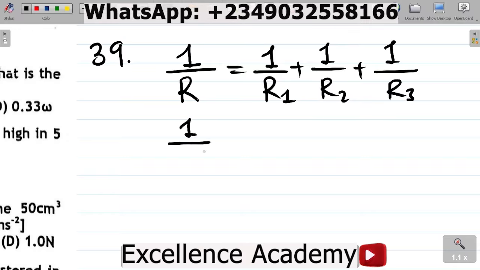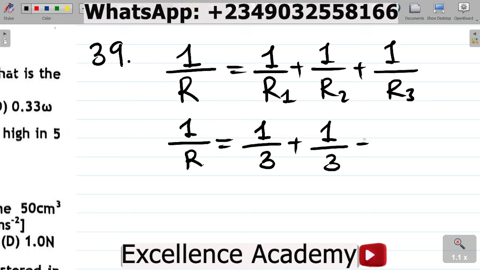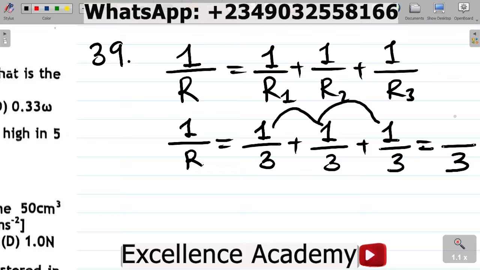So I have 1 all over the equivalent is equal to, they said 3 ohm. So each of them, R1 is 3 plus R2 is 3 plus R3 is also 3. Each of them is 3 ohms. Since we have the same denominator, 3, I'll just bring that here, then add up the numerator. 1 plus 1, 2, 2 plus 1, 3.